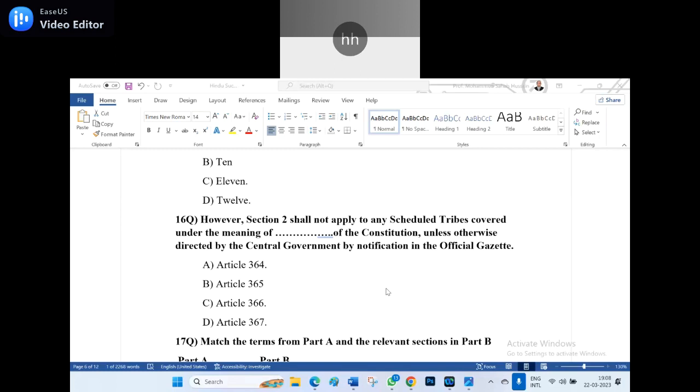16th question. However, section 2 shall not apply to any scheduled tribes covered under the meaning of dash of the Constitution unless otherwise directed by the central government by notification in the official gazette. A. Article 364, B. Article 365, C. Article 366, D. Article 367.